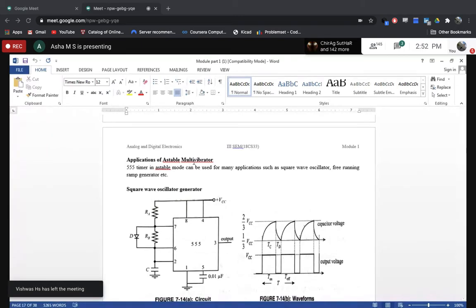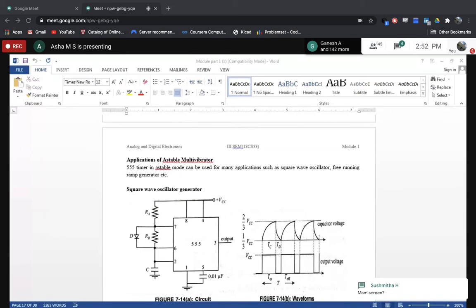So, guys, coming to the applications of astable multivibrator. Here we have one application, that is called a square wave generator. What exactly is this square wave generator? A square wave, where T on will be equal to T off, correct? How do you design that T on is equal to T off?